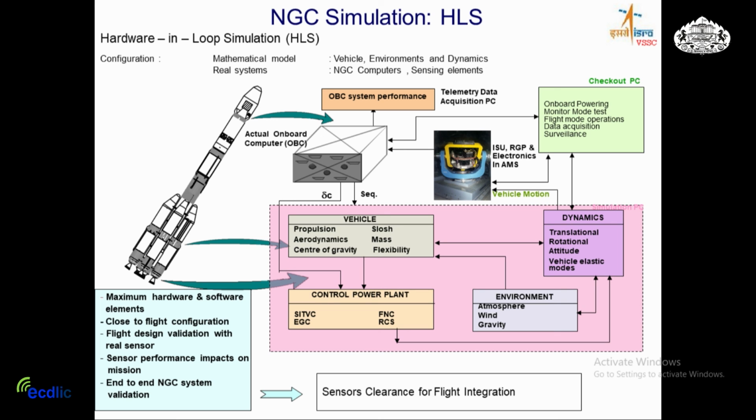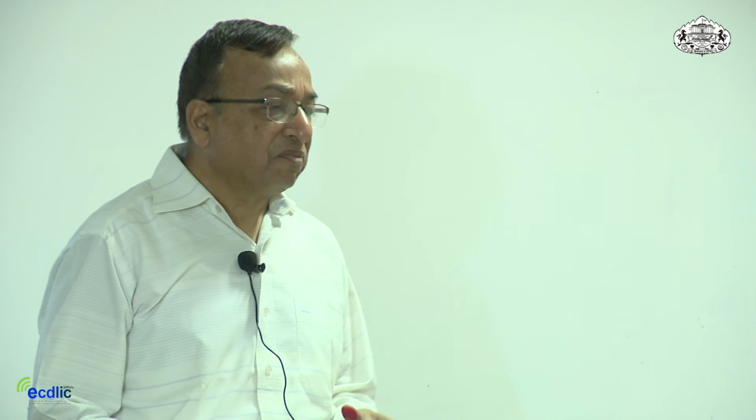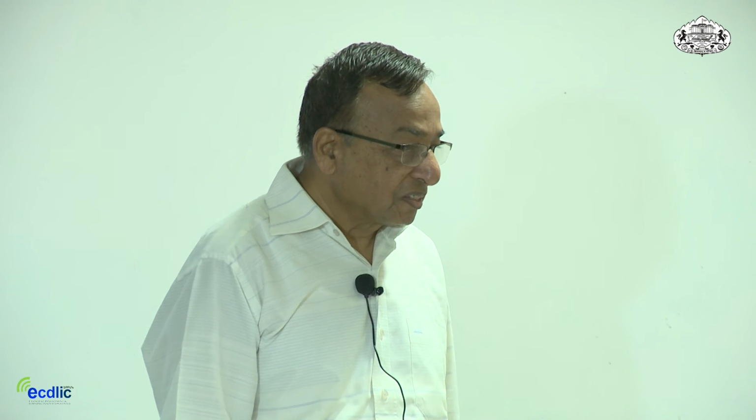This is actually one place where the complete NGC system is integrated together. So this is in a way a final test before the navigation systems are assembled and shipped to Sriharikota for integration in the launch vehicle. Actuator loop simulation also is not done, because the inertial sensors are not included.